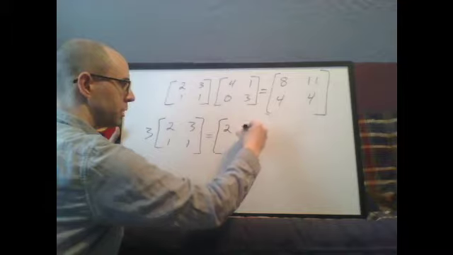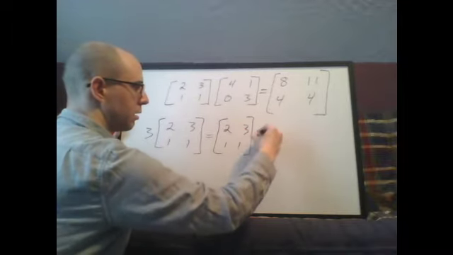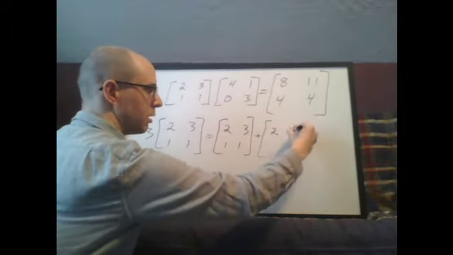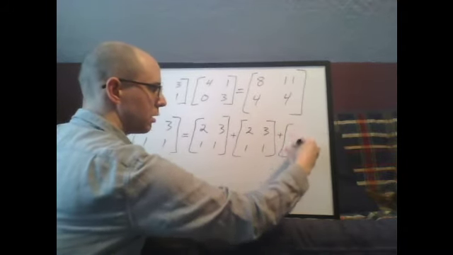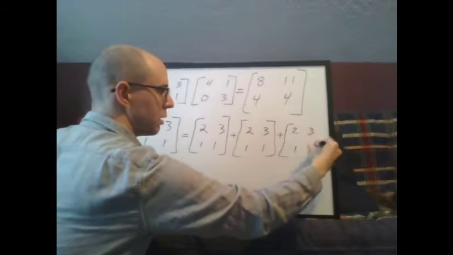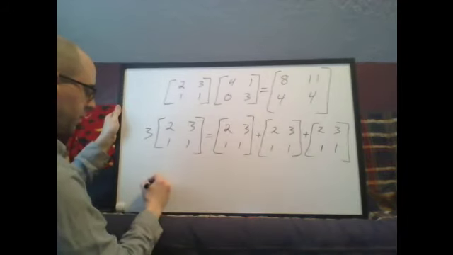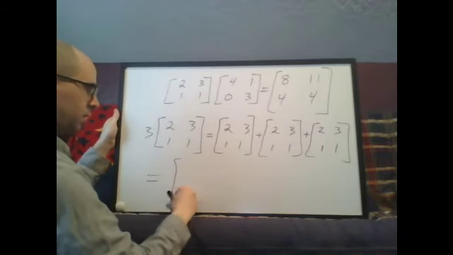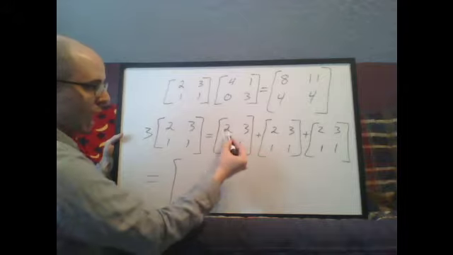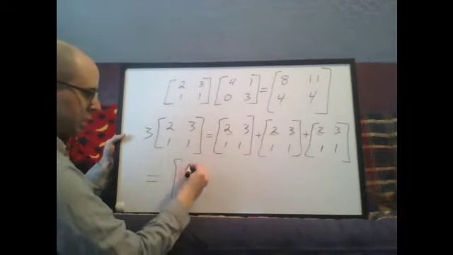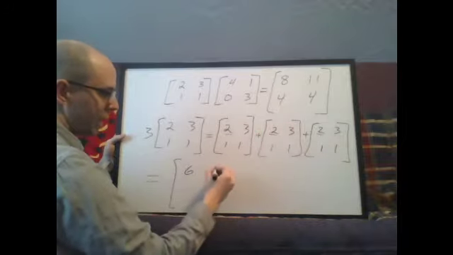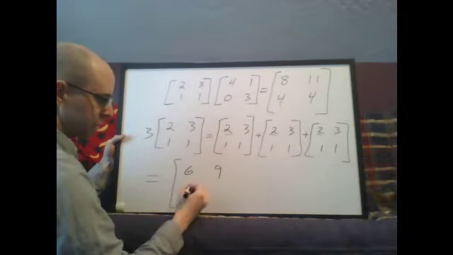So 2, 3, 1, 1 plus 2, 3, 1, 1 plus 2, 3, 1, 1. And in matrix addition, we're just adding the corresponding positions. So 2 plus 2 plus 2 is 6. 3 plus 3 plus 3 is 9. 1 plus 1 plus 1 is 3.